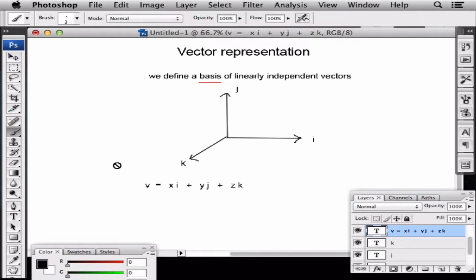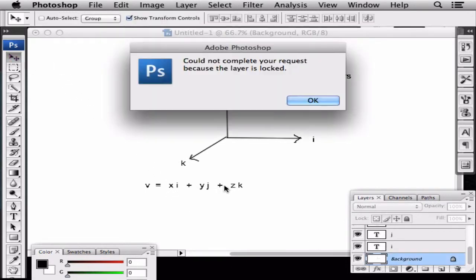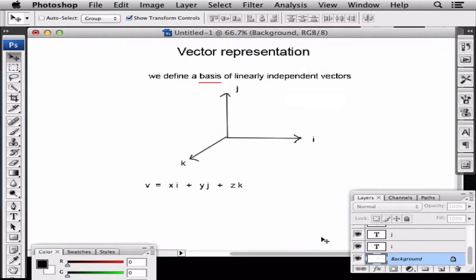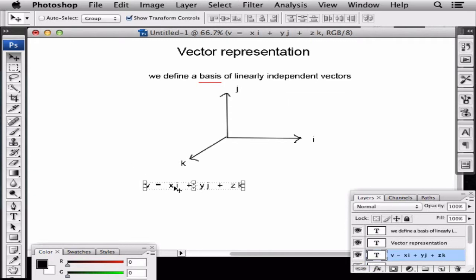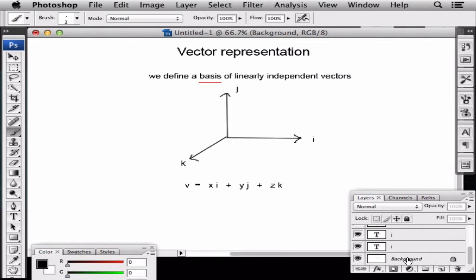Let me put denotations on it, just to see what is vectors and what is scalar values. i, j, k are vectors; x, y, z are scalar values.